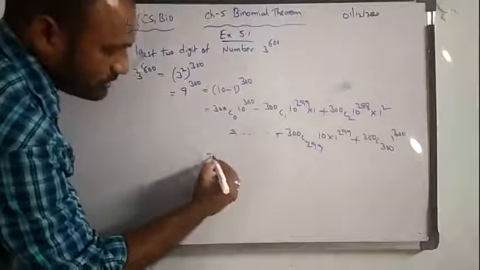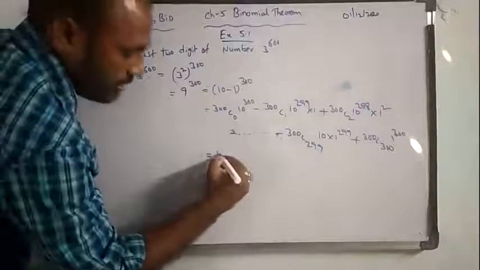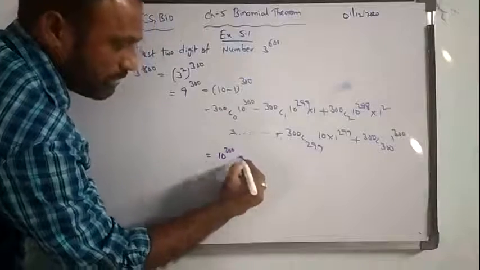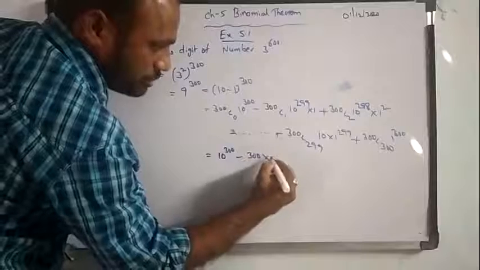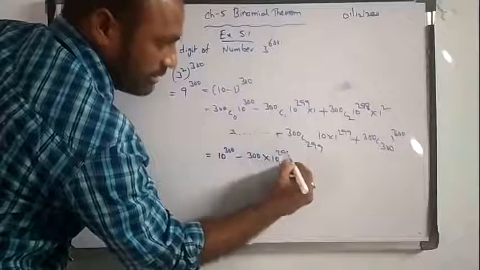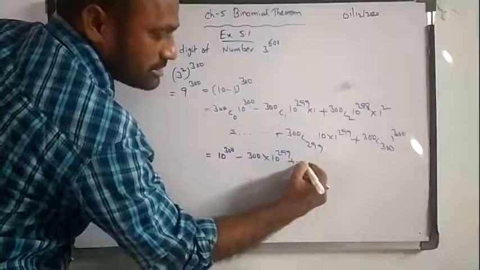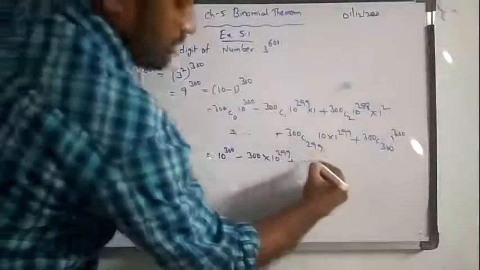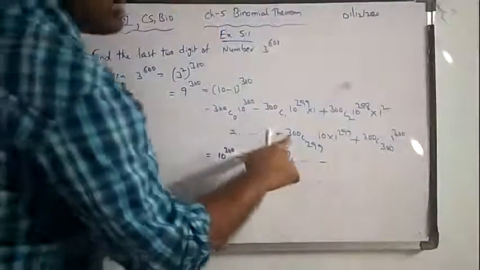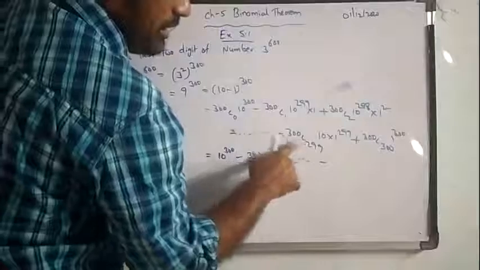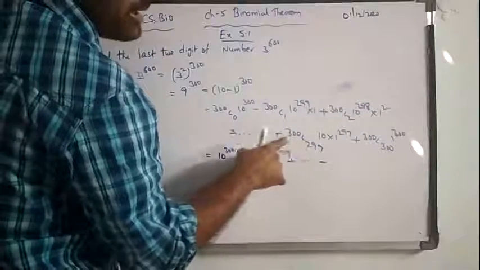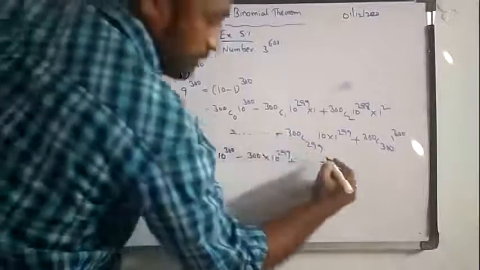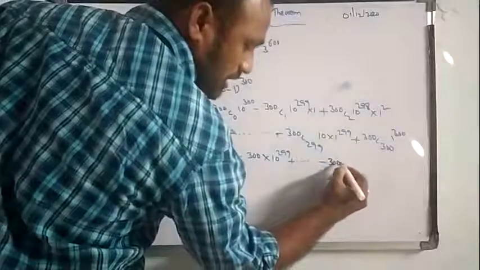If I simplify this, 300C0 will be 1, that is 10 to the power of 300 minus 300 into 10 to the power of 299 plus so on, minus 300C299. NCR is equal to NC(N minus R), that is 300 minus 299, so 300C1. 300C1 is 300 only.